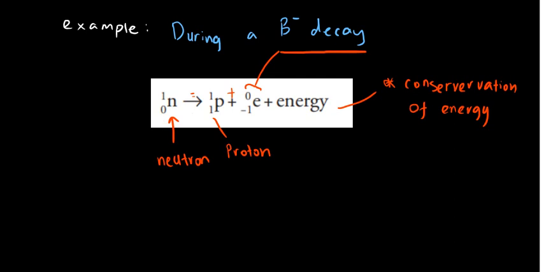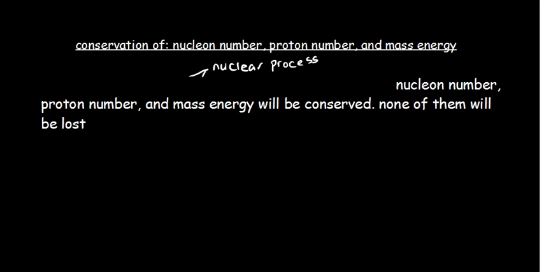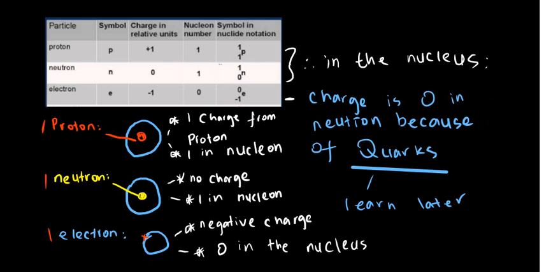Let's not focus on the elements, N, P, or E. Just look at the top numbers here. You have 1 on the left side. 1 is the nucleon number. Neutron, I said in the last part, has only 1.